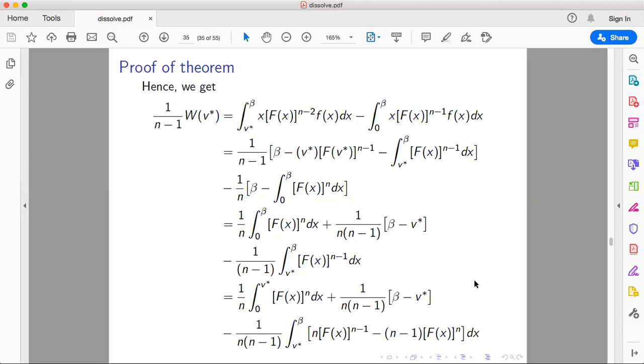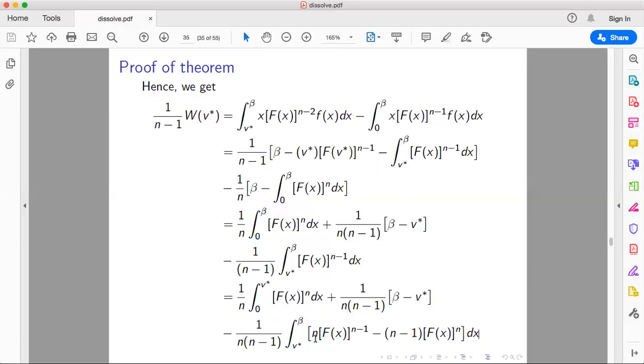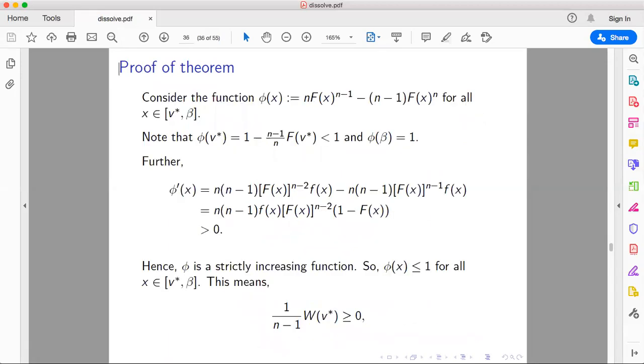So the whole deal is to show that this is less than or equal to 1, and you can cleverly show that this expression is increasing from V star to beta, and at beta the maximum value is 1, and hence this is always less than or equal to 1. Okay, so that's what I showed.